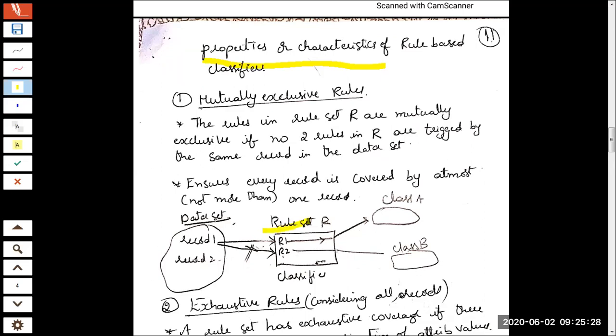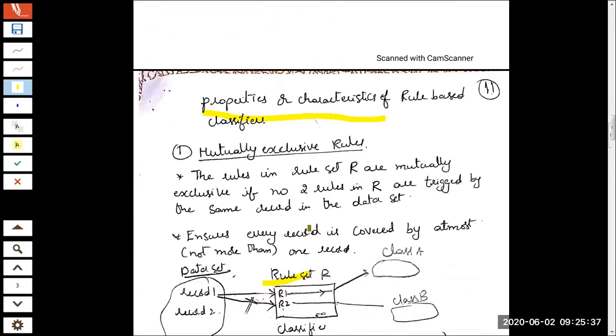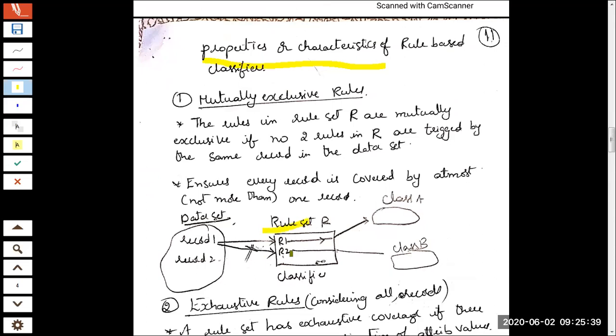A rule should be mutually exclusive. Just now we understood what a conflicting rule is, meaning that a record should not be taken to multiple classes. Mutually exclusive means we cannot have rules which will take a record to different classes.